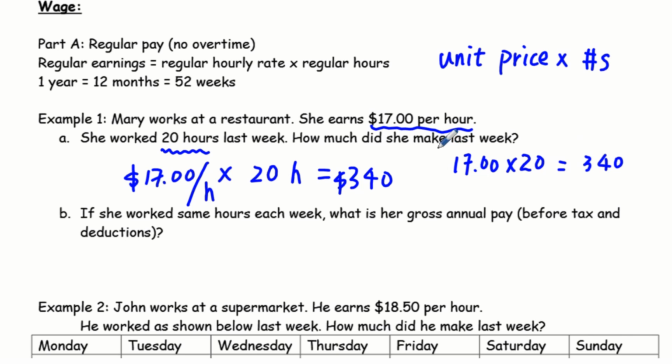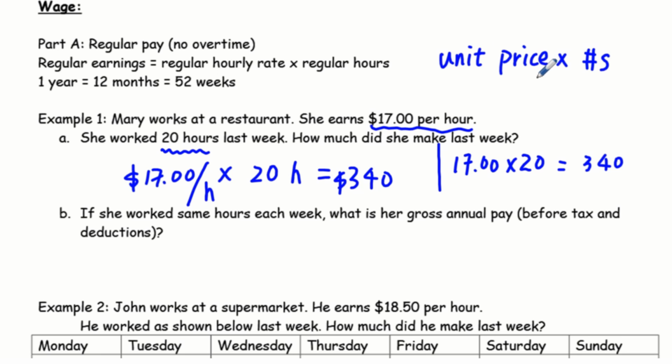That is a simple form, but I really appreciate if you could write it in this way, then you will understand, okay, this is unit price, this is a number of hours, so the hours cancel out, then you have the dollars left. If she worked same hours every week, so what's her gross annual pay before tax and the deductions? So this is a weekly pay.